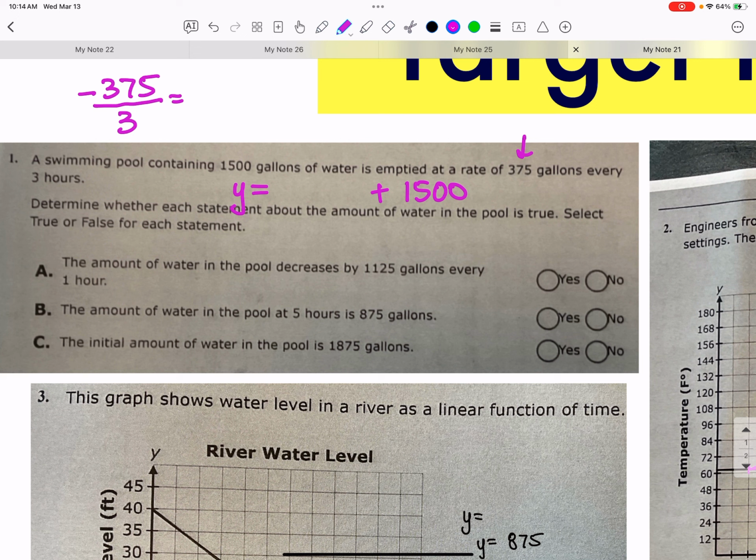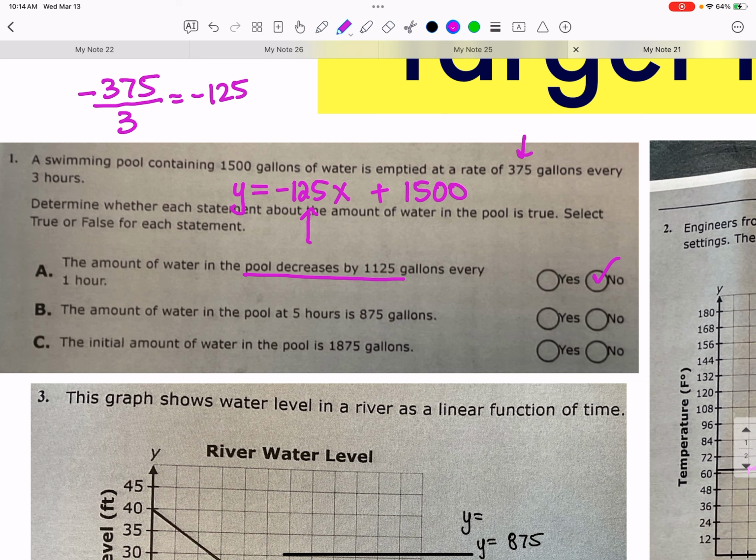And if I divide that, that's actually negative 125. So we're going down 125 every hour, but we're starting at 1,500. All right, let's see. So the pool goes down by 1,125 gallons every hour? No, it only goes down by 125 every hour, so no.